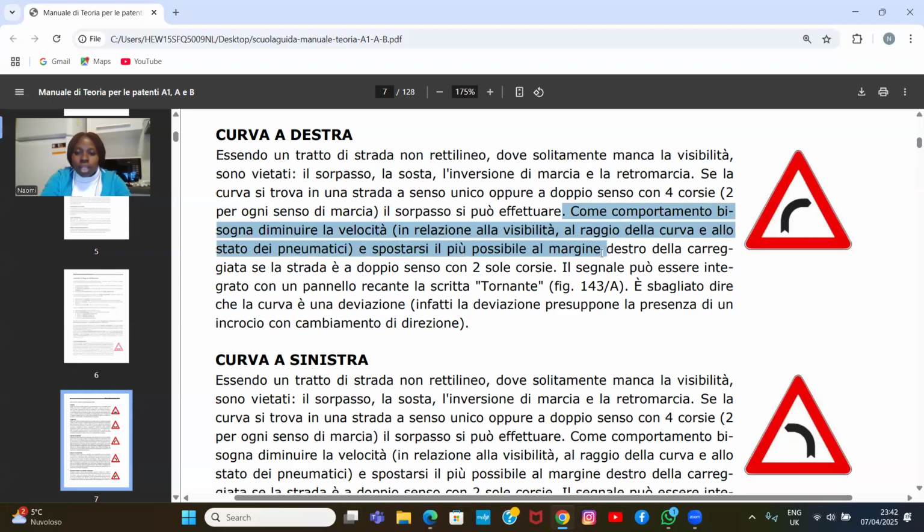Now let's proceed again. Like I said, it applies for the two signs, curva a destra and curva a sinistra. Come comportamento bisogna diminuire la velocità in relazione alla visibilità. So the way you should behave on this kind of road, you should reduce your speed in relation to how far you can see.